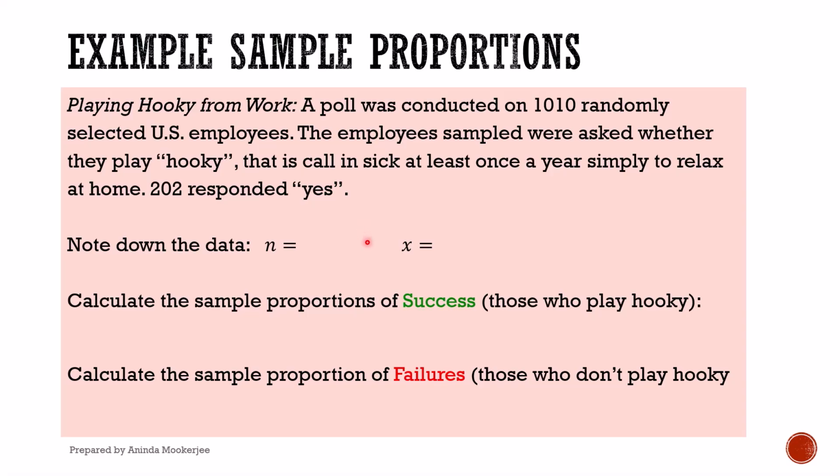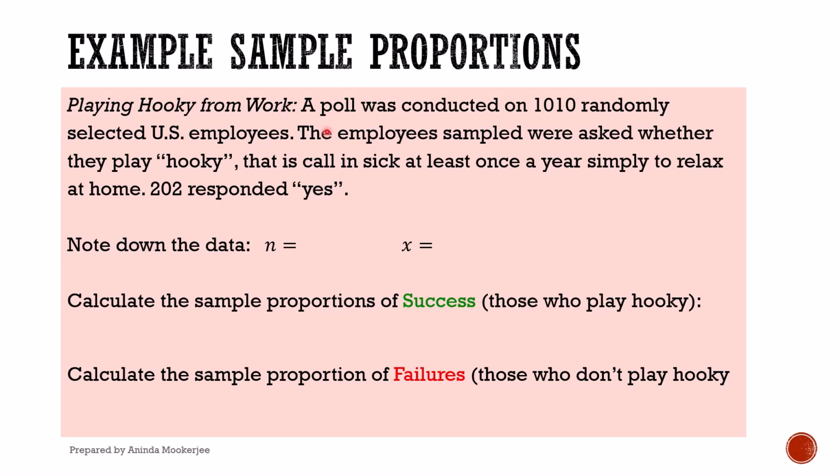We'll now work through an example to calculate the sample proportion using the formula that we had learned for sample proportion, which is P hat equals X divided by N. It's the same example that we had seen previously in the slide before. Playing hooky from work.